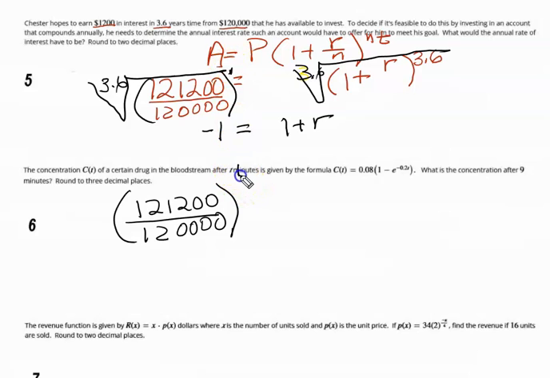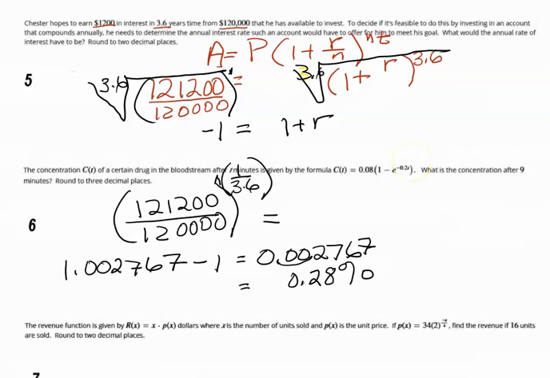So this is 1 over 3.6. So now you can put that into your calculator. This in parentheses, caret, and then 1 divided by 3.6. And let's see what you get. And then we're going to subtract 1 from it. And then we need to round it to 2 decimal places as a percent.